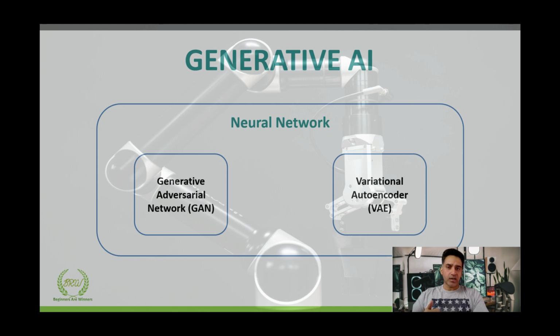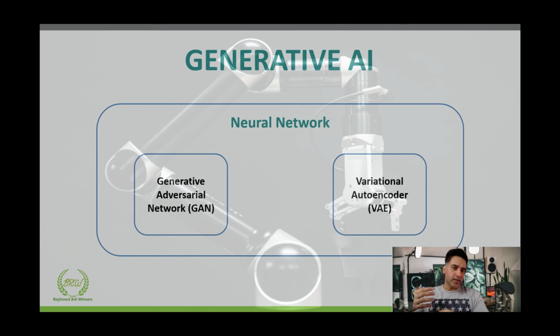Neural networks are essential components of many generative models because they are capable of learning complex patterns and representations from data, which allows them to generate new content that pretty much resembles the data that they were trained on.